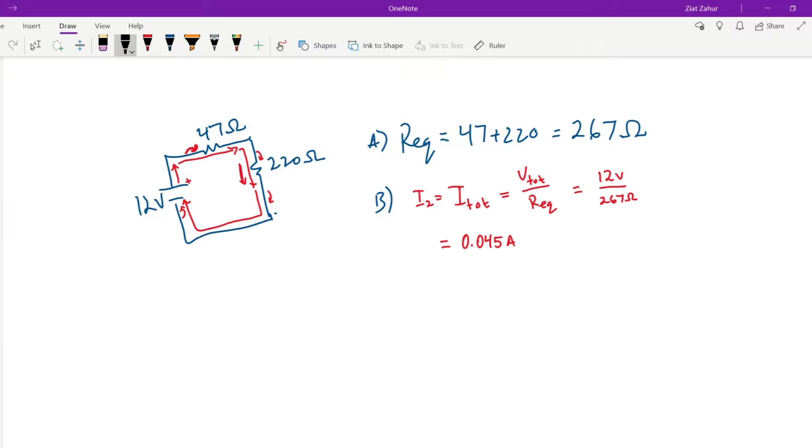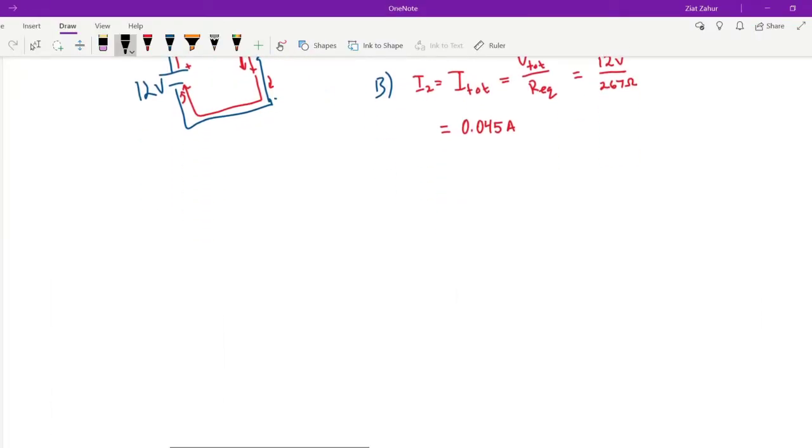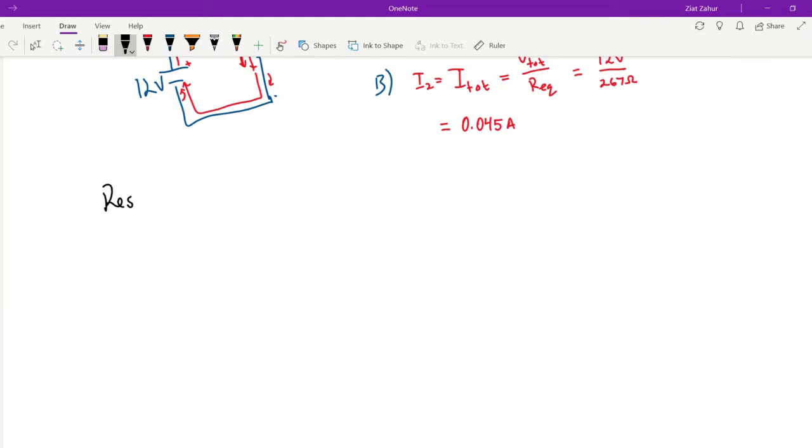Next up is today's lesson, which is on parallel resistors. Okay. Let me go and draw some parallel resistors. So let's go and do resistors in parallel. And I'm going to draw it slightly different.